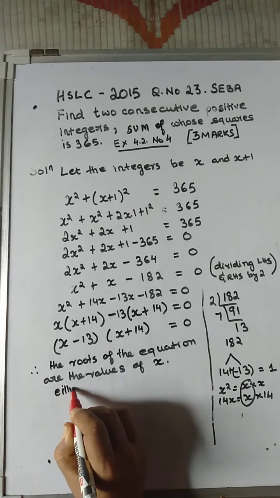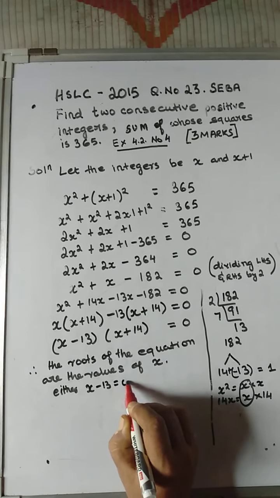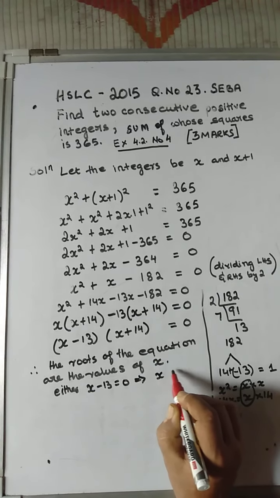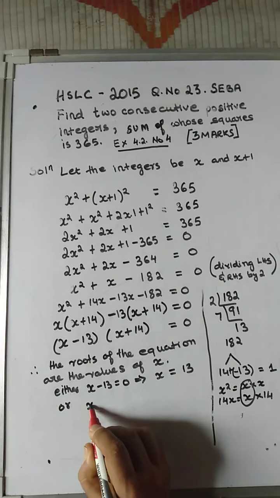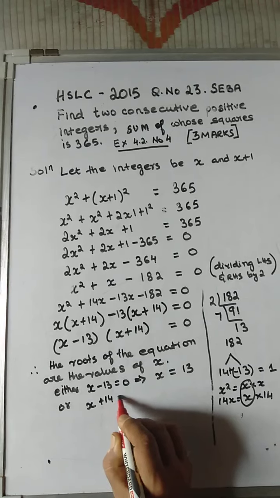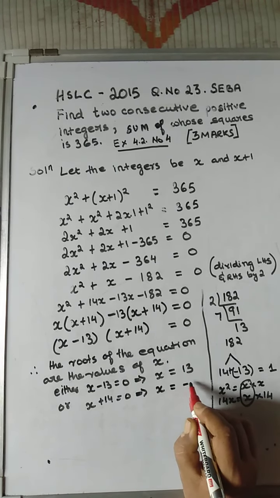Either x minus 13 is equal to 0, which implies that x is equal to 13, or x plus 14 is equal to 0, which implies x is equal to minus 14.